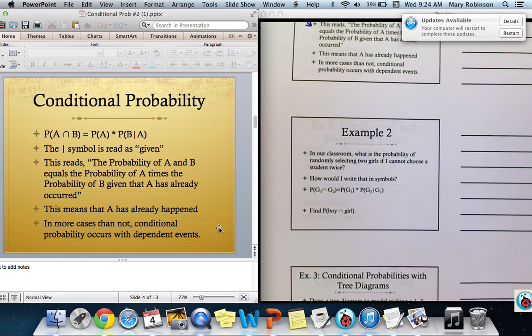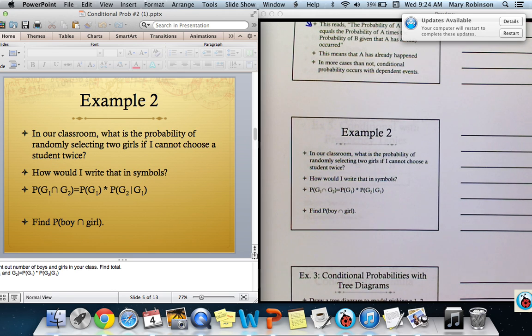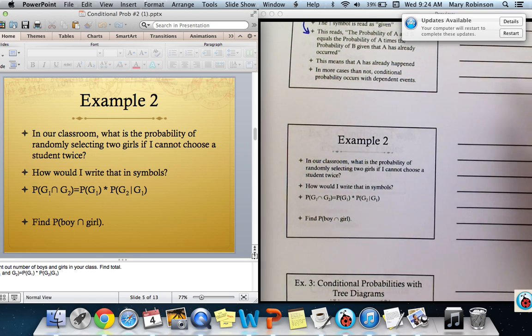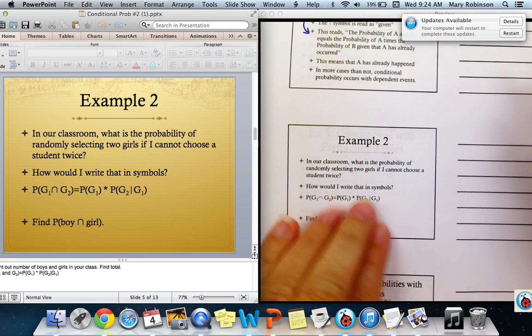For example, in our classroom, what is the probability of randomly selecting 2 girls if I cannot choose a student twice? So we need to first think, how would I write that in symbols?